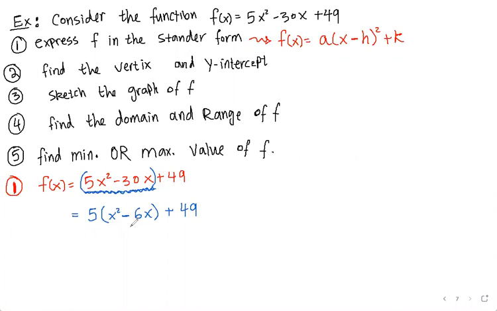Now, I have to complete the square for this parentheses by adding b over 2a squared inside the parentheses, and outside the parentheses I have to subtract b over 2a squared, multiplied by this number, 5.